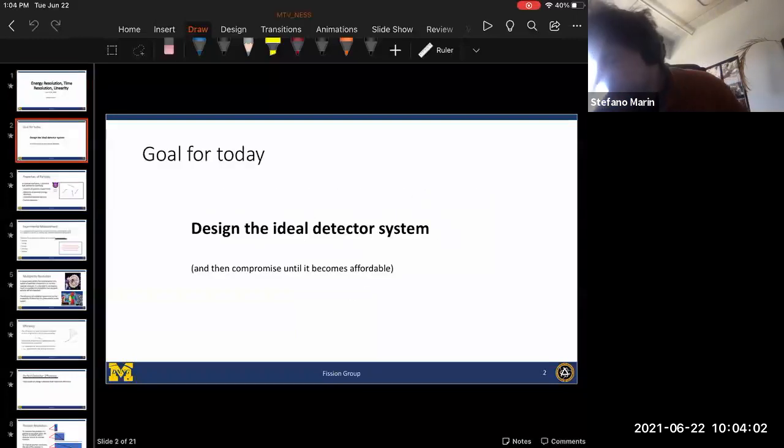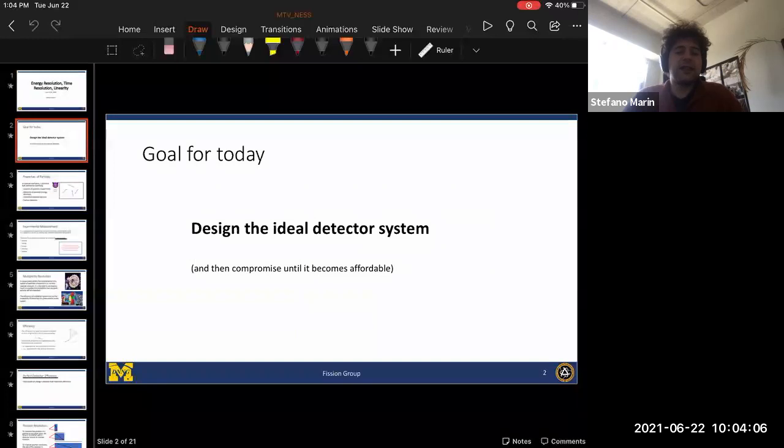Okay. So the goal for today is I would like you to think about what is the best way to design an ideal detector system. In our field, there are so many different things that one can try to do. There are many different experiments, many different observables, many different particles that one can look at: gamma rays, neutrons, neutrinos. You can try to do an imager if you're trying to find the source, or a spectrometer if you're trying to find the energy.